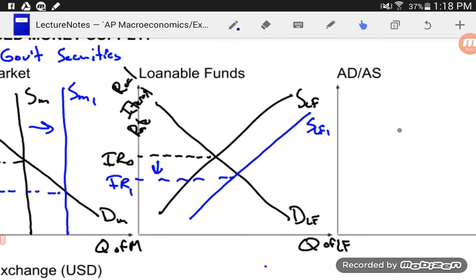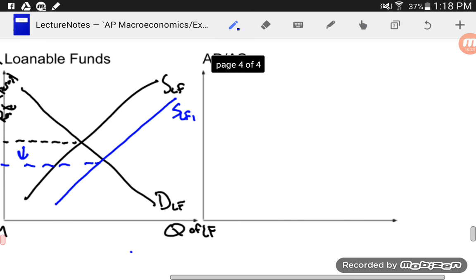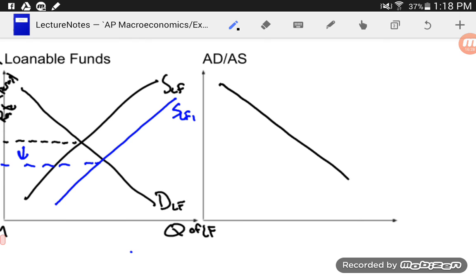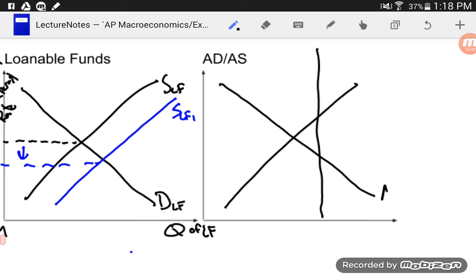Let's stay black there. So that was the initial interest rate and that lowering interest rate. All of this is to say that in the short run, what we are hoping to see, as an effect of the increasing money supply, is that the aggregate demand will increase.